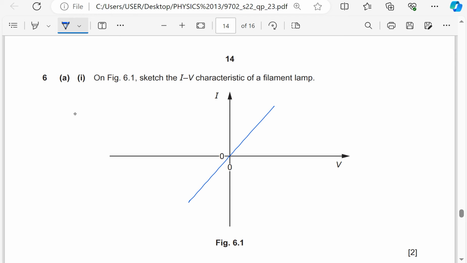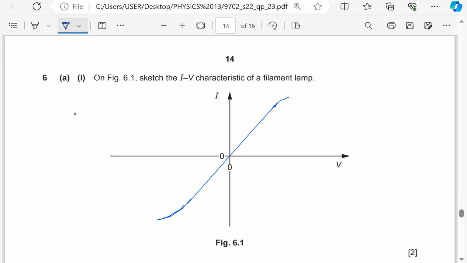Okay, but then remember, as V increases and as current increases, the temperature increases, so the resistance increases. So the line should curve at the end. I'm trying to avoid making this perfectly horizontal, because that gives an impression that the resistance has already reached infinity, yet we can't really determine infinity.